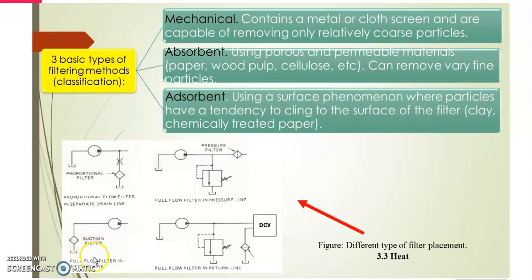For the full flow filter in the suction line, this one is used to filter the contaminants before entering the system. And the full flow filter in the return line is used in systems that do not have a very large reservoir to permit contaminants to settle to the bottom.